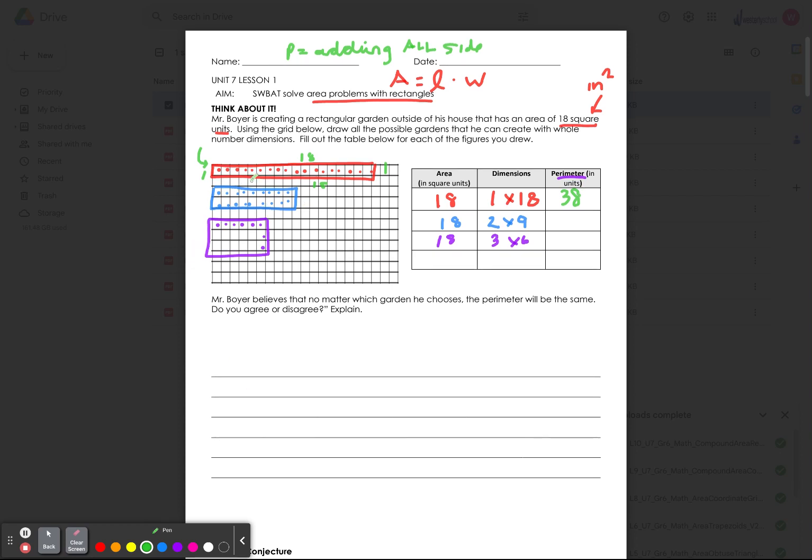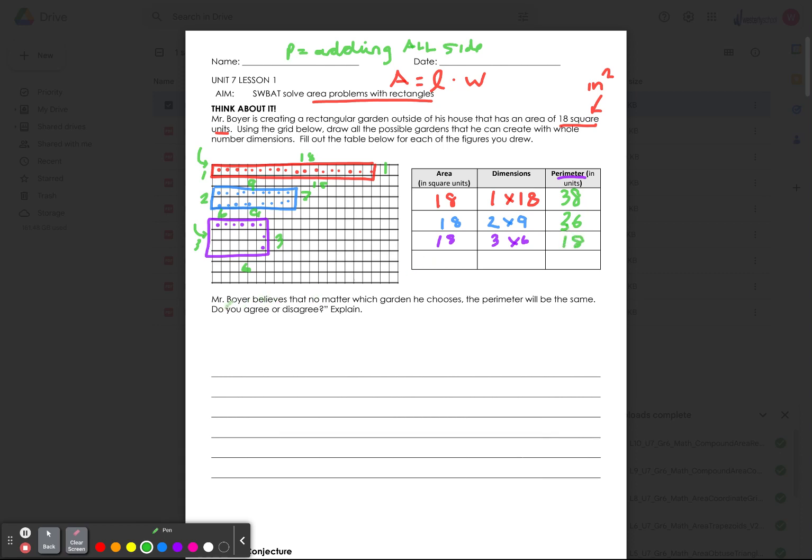We have 9 by 2, so we have 9, 2, 9, and 2. This would give us 36, because 9 plus 2 and 9 plus 2 gives us a sum of 36. And then what about the last one? This one right here, we have 6, 3, 6, 3. This would give us a perimeter of also 18.